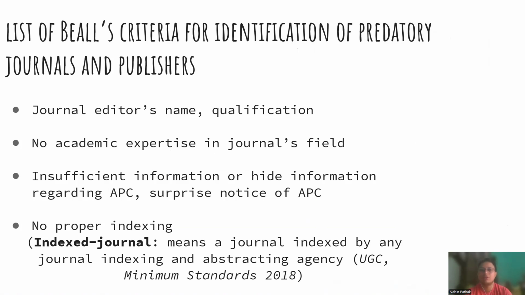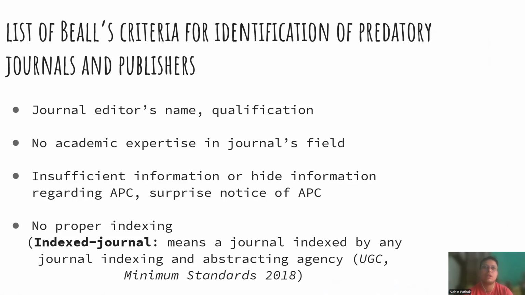For example, if the journal's editor names and their qualifications are not on the journal website, or there is no academic expertise in the journal's field among the editors, that might be a red flag. The journal must state its editor-in-chief, their qualification, and their academic expertise, right? And if the journal tries to hide information regarding the article processing charge, that could be a doubtful sign that it might be a predatory journal.